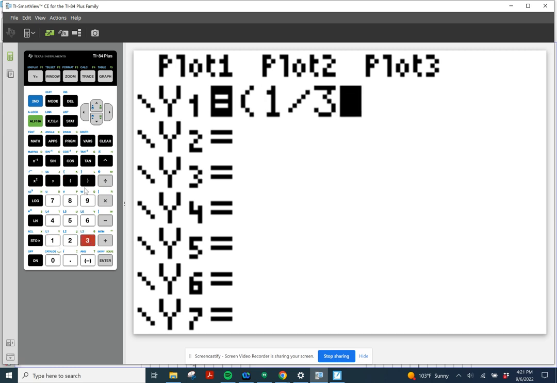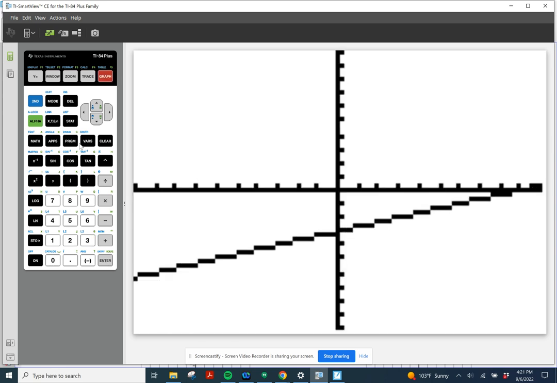So there's my 1/3 times x, push the x, and then, was it minus 3? Yes, it was minus 3. Okay, so I'm typing that in, I'm pushing the graph button, and it shows me a line.